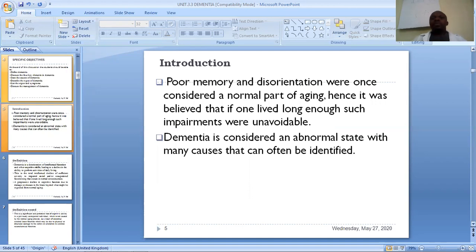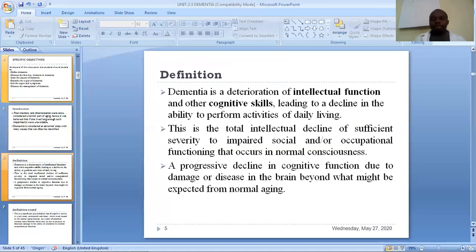So dementia is considered an abnormal state with many causes that can often be identified. Now, what is dementia? Let's get the first definition. Dementia is a deterioration of intellectual function and other cognitive skills, leading to a decline in the ability to perform activities of daily living.